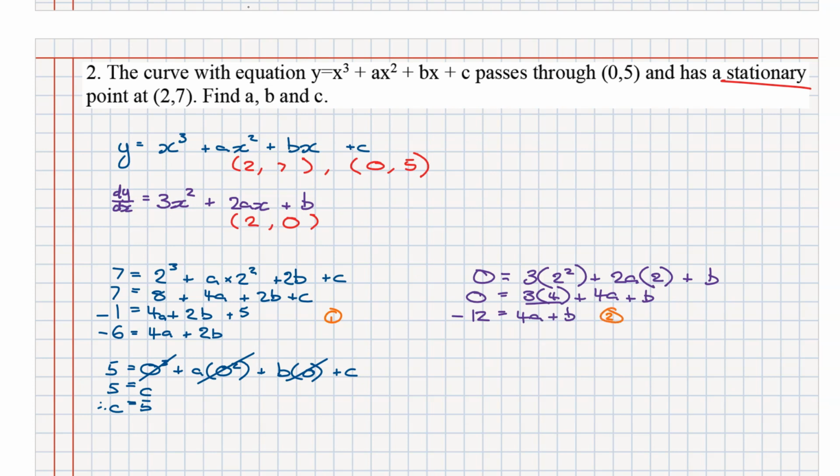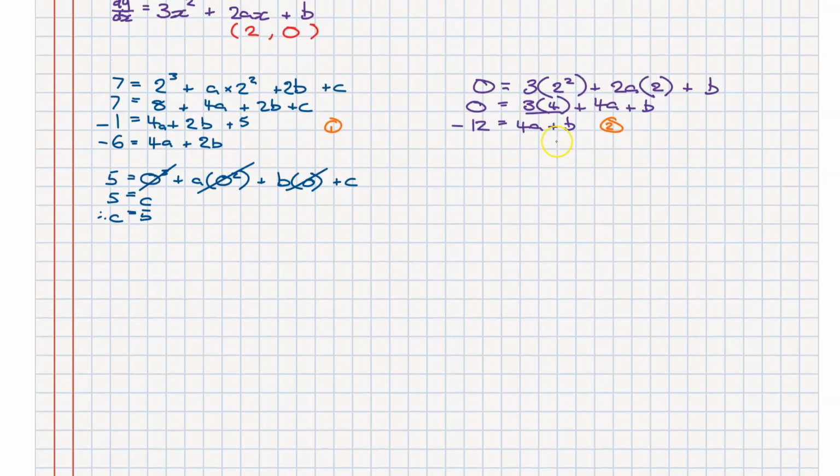So what we can see is we've got two equations with two unknowns. Now to find those two unknowns, what we can use is elimination. So let's line them up: negative 6 equals 4a plus 2b, then negative 12 equals 4a plus b. And what we're going to do is subtract the two equations from one another.